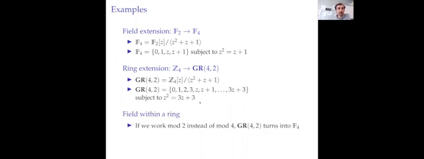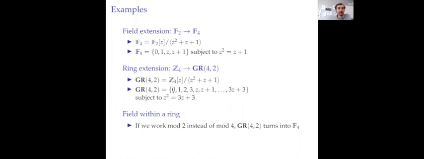Okay, so what you can also see is that within this Galois ring, there is actually a finite field sitting. If you take these elements, and instead of working modulo 4, you work modulo 2, you can see that this identity reduces to z squared equals z plus 1. So it's the same identity as here. And also these elements, you would clump them together in pairs.